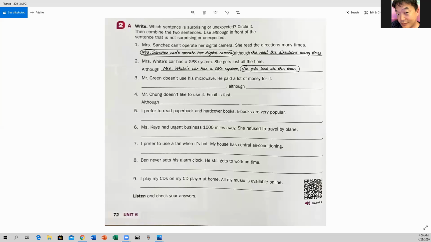Okay? Now let's try to do this. Number three. Mr. Green doesn't use his microwave. He paid a lot of money for it. What is the unexpected? Mr. Green doesn't use his microwave. That's unexpected. Okay?